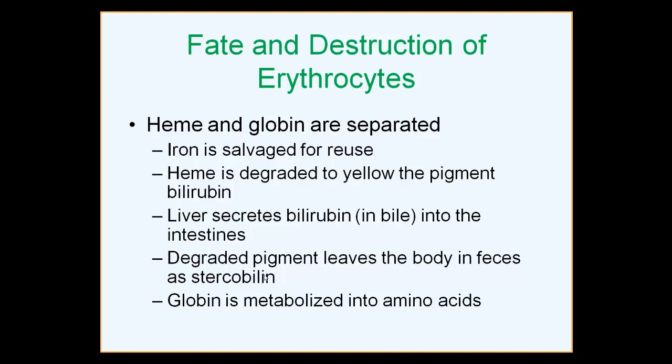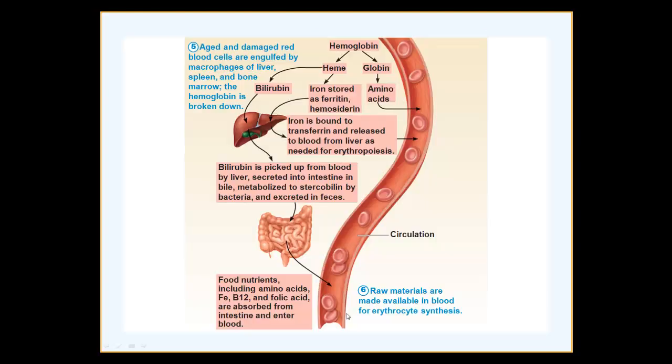That's a whole different story. We'll talk maybe about this topic when we get to the kidney. Degraded pigments will leave the body, but very little of that. Most of the iron that we would lose, we can recycle. The globin, however, is metabolized to become amino acids.